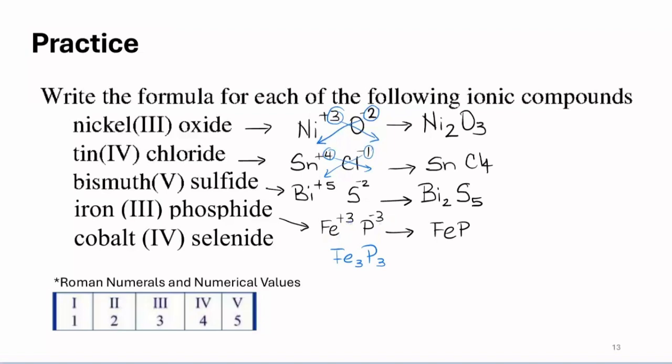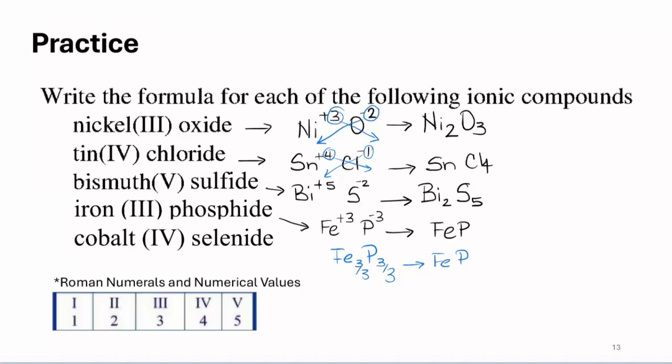And because 3 is divisible by 3, when I divide those subscripts, I get Fe1P1. When I take the subscript of 1 away, because the subscript of 1 is always omitted, we can see that we have the same answer. I'm actually going to do the last example also.